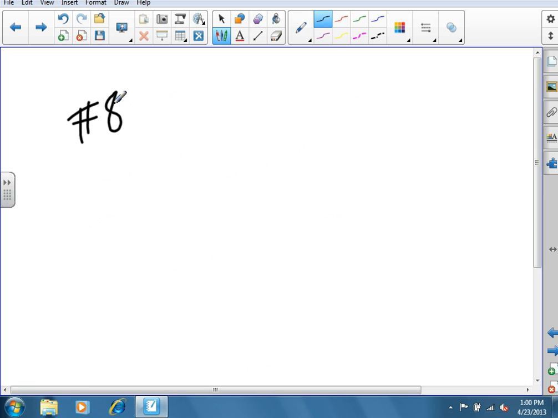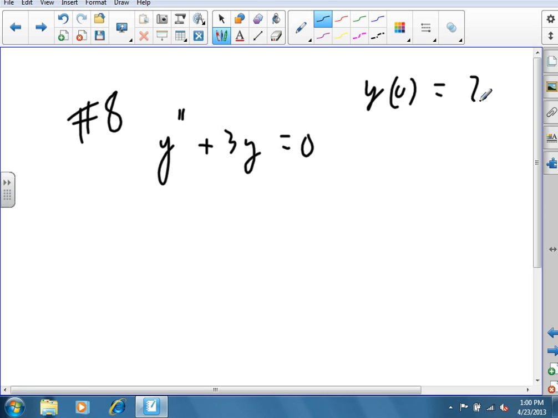Number 8. y double prime plus 3y is equal to 0. I have y at 0 is 2, and y prime at 0 is 5.